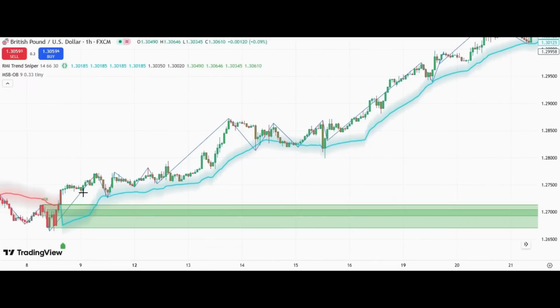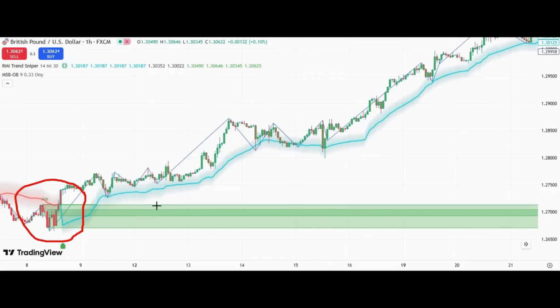This is another example, British pound against US dollar. You see here, price was hitting at this very particular point, and there is a very big resistance at this point, and the moment price breaks above, this order block was formed.